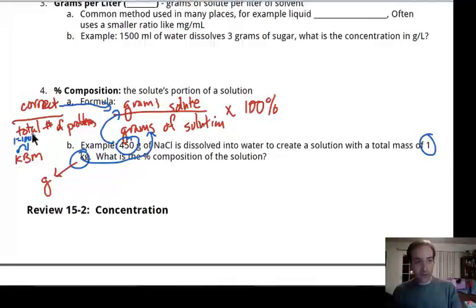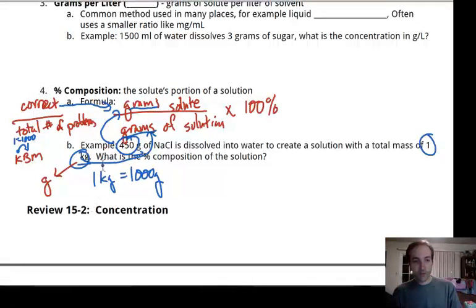I know 1 kilogram is equal to 1,000 grams, so I'm just going to write 1 kilogram equals 1,000 grams. If you're wondering what I'm doing, in order to determine percent composition, you must have them in grams over grams. They gave us grams and kilograms, so we had to convert these kilograms to grams before we can use them.